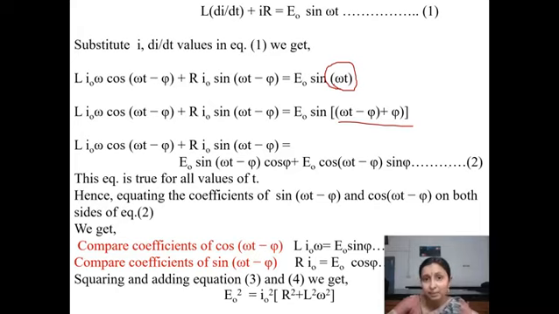This omega t can be written as omega t minus phi plus phi, so expand this using the sin A plus B formula. From expansion we get E naught into sin A cos B, that is sin omega t minus phi cos phi, plus E naught into cos omega t minus phi sin phi. This is equation 2, and it is true for all values of t.